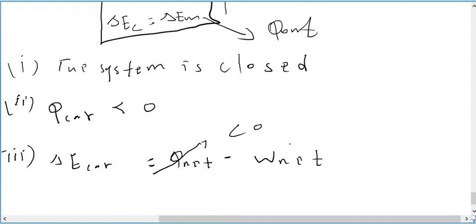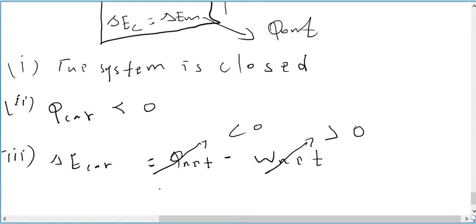less than 0, and also this is work out by the car, which is greater than 0, that is positive. So work out is positive, so it's greater than 0.